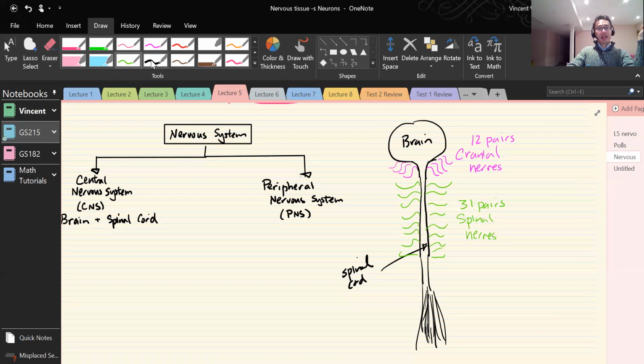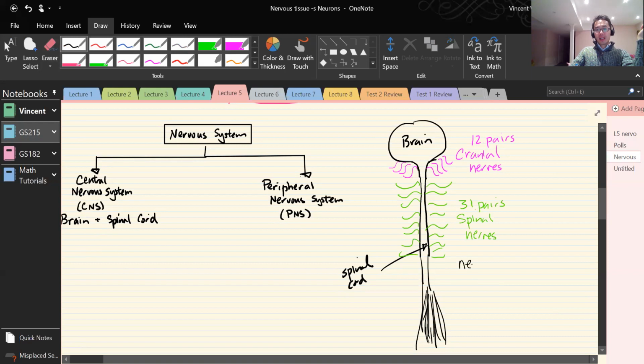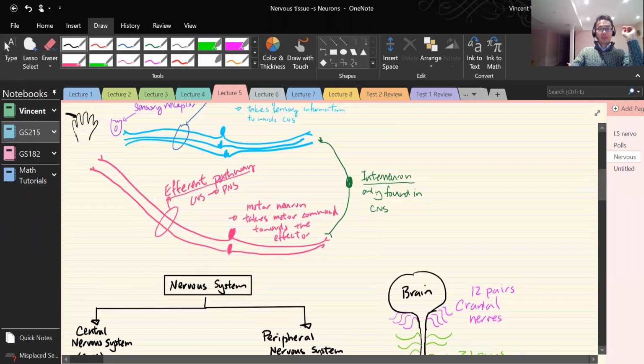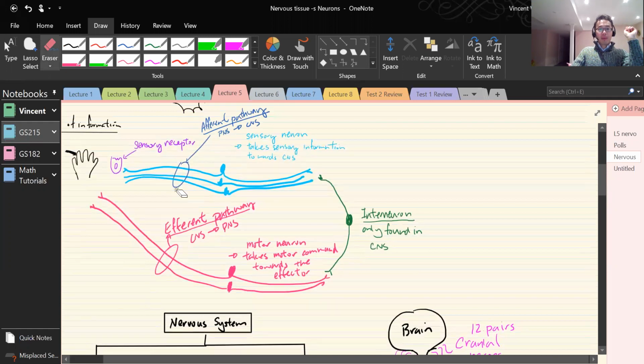Okay. Now, in case you get a little bit confused about what a nerve is, it's basically a bundle of axons in the PNS. Okay, a bundle of axons in the PNS. So hold on, let me go up here. You see this afferent pathway, efferent pathway, that would form like a sensory nerve, right?